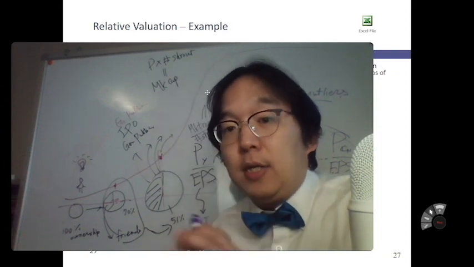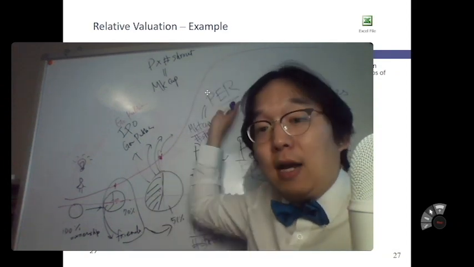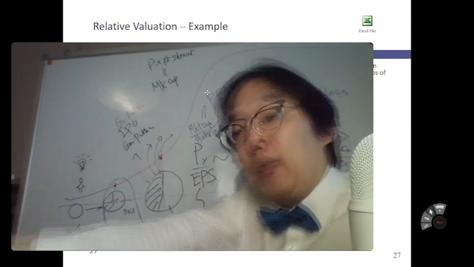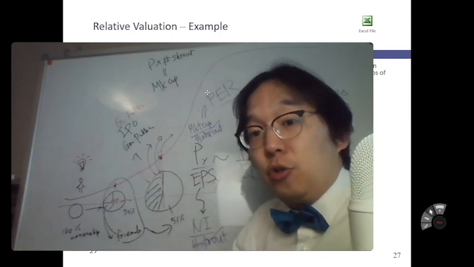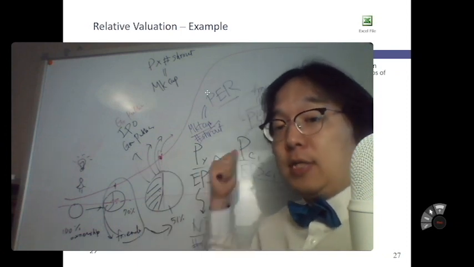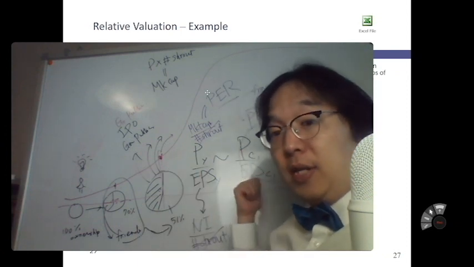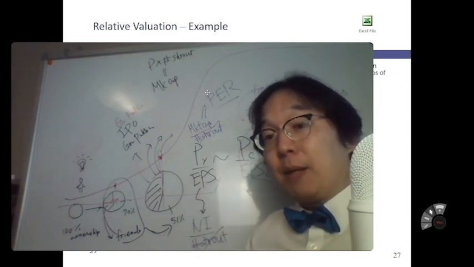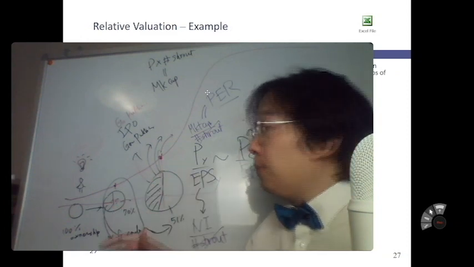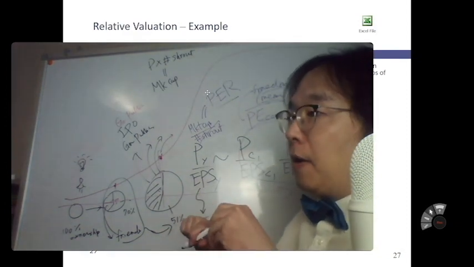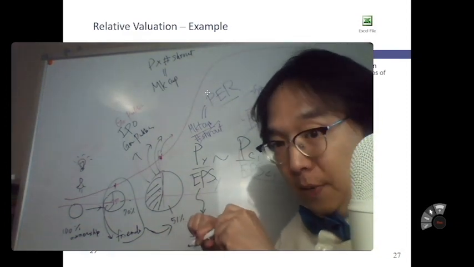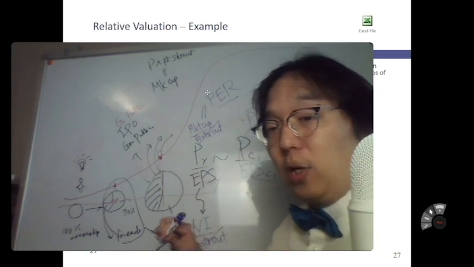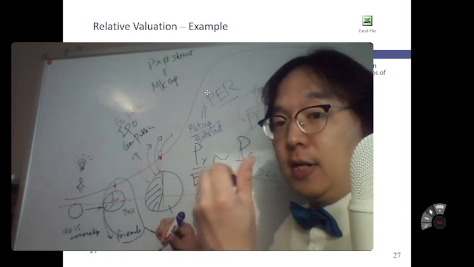The idea is whatever the stock investors in the market will be willing to pay for your company's EPS should be your industry's representative PE ratio. Then multiply the EPS of your company by that PE ratio, and you will be able to come up with your company's fair price in the market.